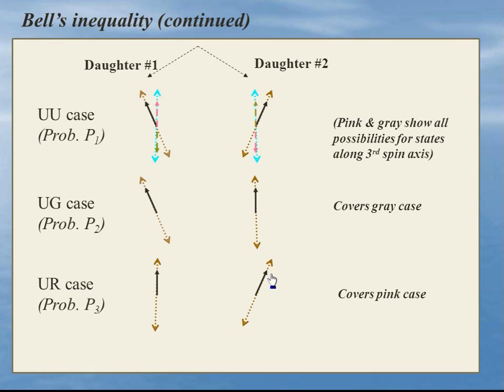Okay, so in other words, all of the UU detections are covered either by this case or by this case. And this description is predicated on the idea that when the daughter particles fly off, in the back of their mind, even though the detection is not along the cyan axis, they still have equal and opposite spins along the cyan axis, even though that's not actually measured.